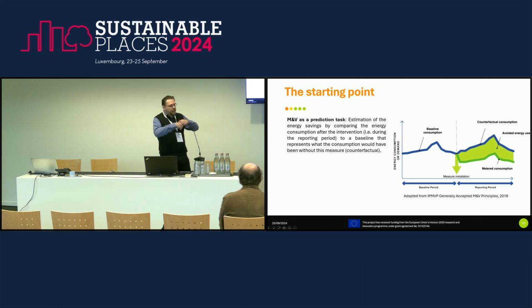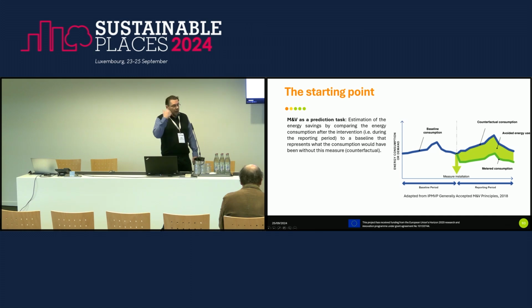The intervention splits the time into the baseline period before the intervention and the reporting period after. If I want to estimate the impact of the intervention, all I have to do is predict the energy consumption had the intervention not taken place, compare it with what I observe. The difference, accounting for any uncertainty, is the impact of the intervention.